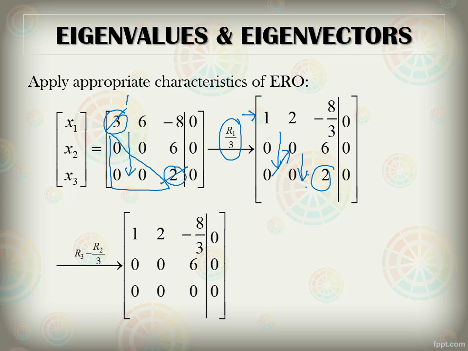So you can multiply row 2 with 1 over 3, and when you perform this operation, all the elements in row 3 change to 0. So now you are just left with this.